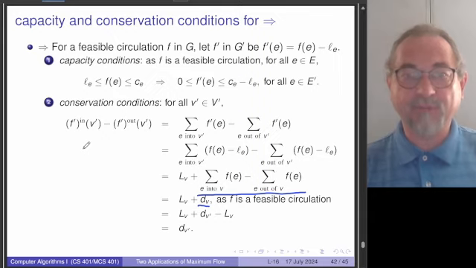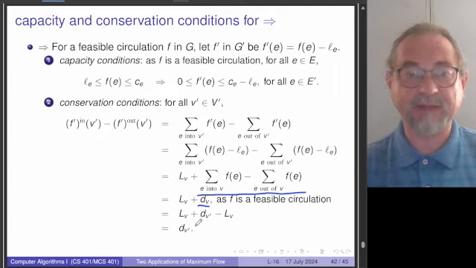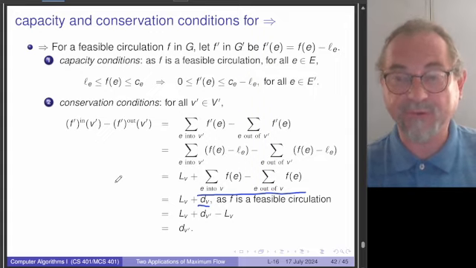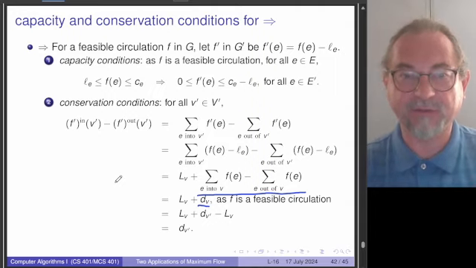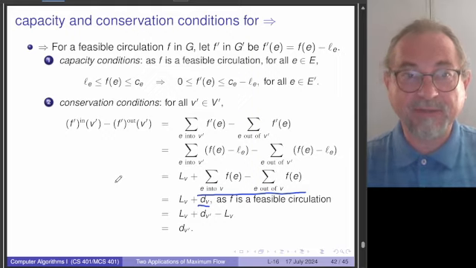And then the formula that we were proposing to adjust the demands actually subtracts the sum of the lower bounds. And that means that here we have the same conservation conditions on the vertices in the new graph as we did on the original problem. Okay, so that's one direction.